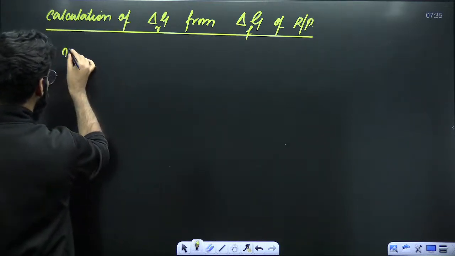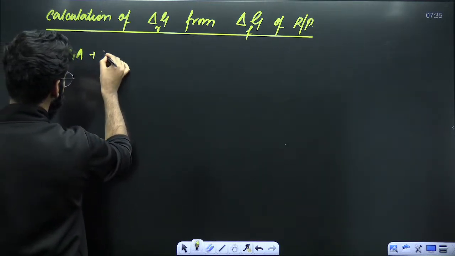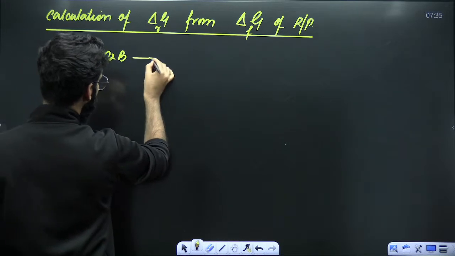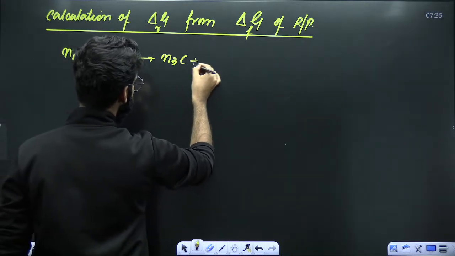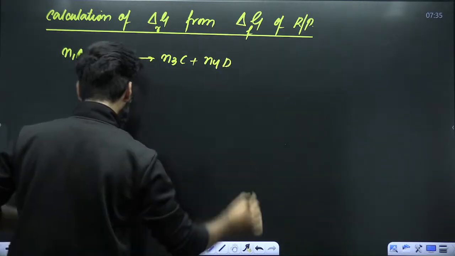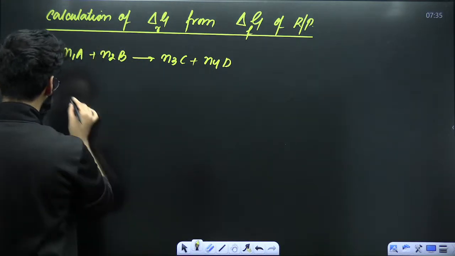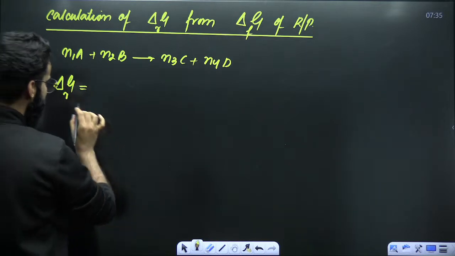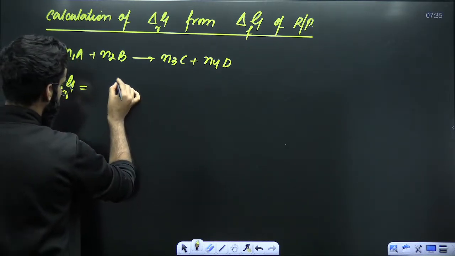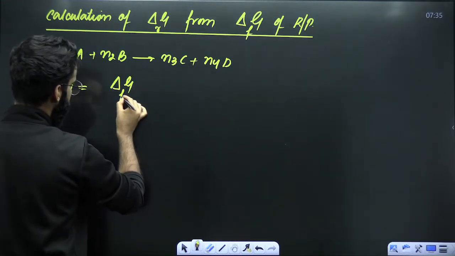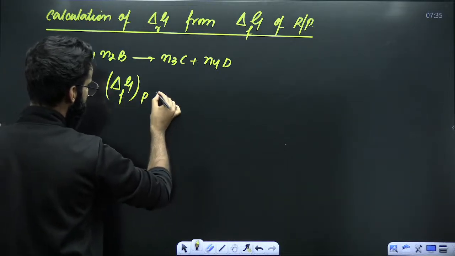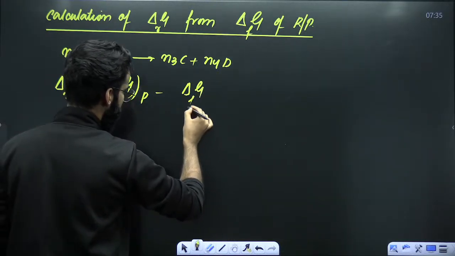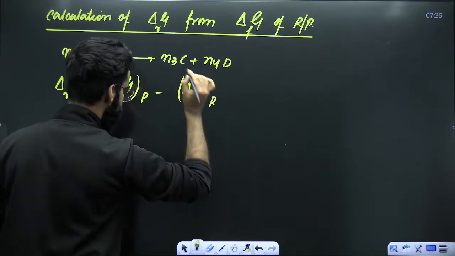For example, you've got a reaction like this: n1 A plus n2 B gives n3 C plus n4 D. Now, for example, I'm asking you to calculate Gibbs free energy change for the reaction. It is going to be equal to Gibbs free energy of formation of products minus Gibbs free energy of formation of reactants.